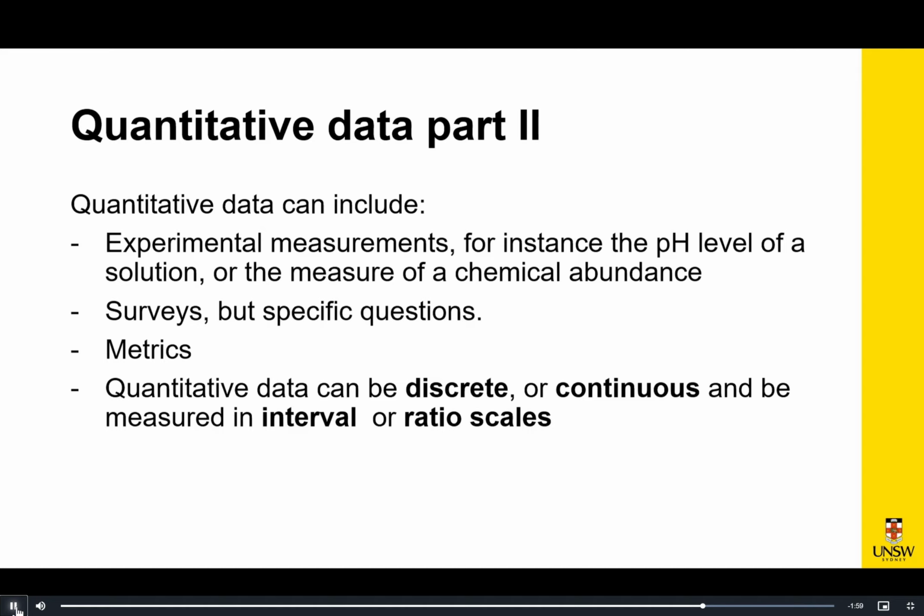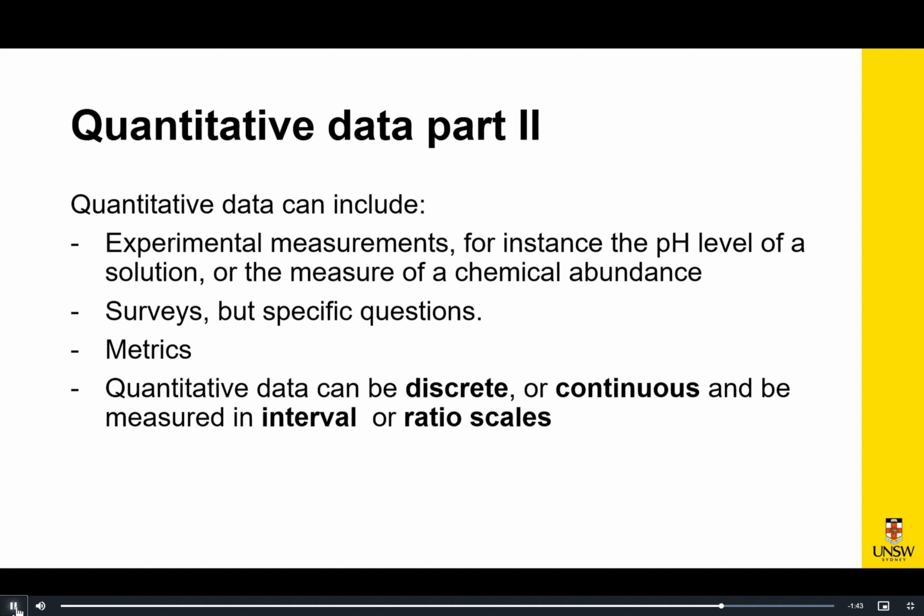So weight is a great example of a ratio scale. You could say something like, if I add 4 kilos to 8 kilos, I get 12 kilos. That's what a ratio scale can do.